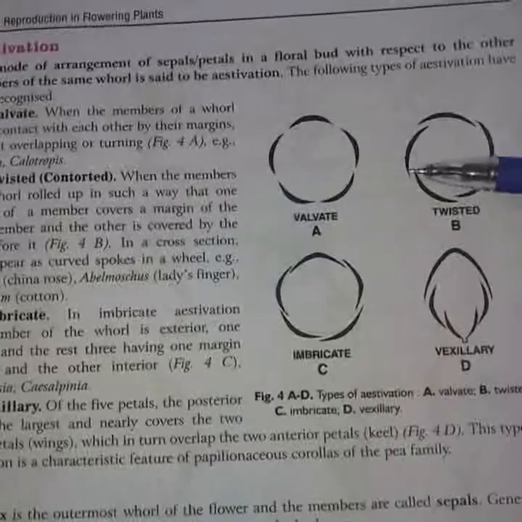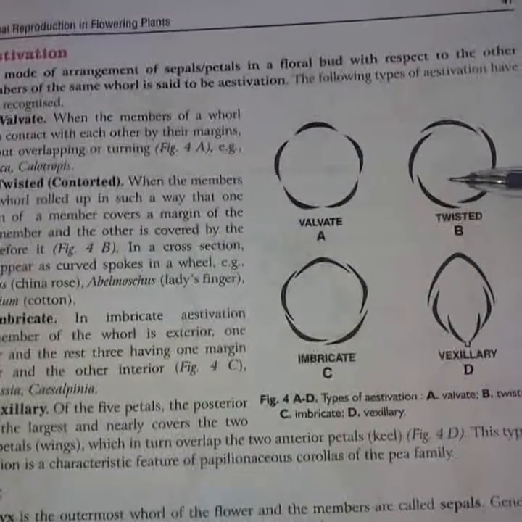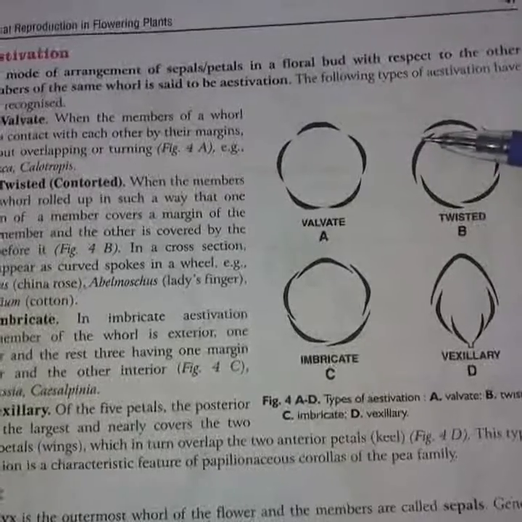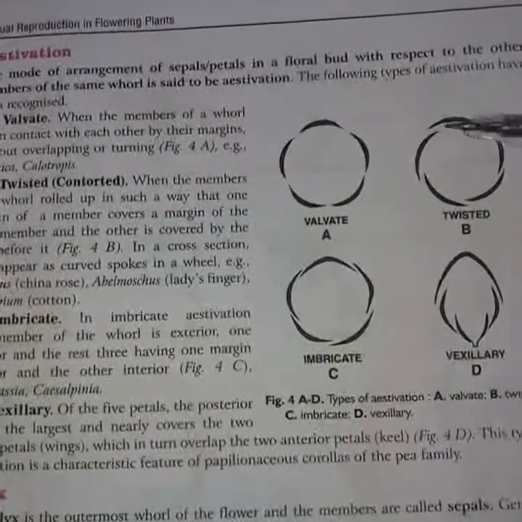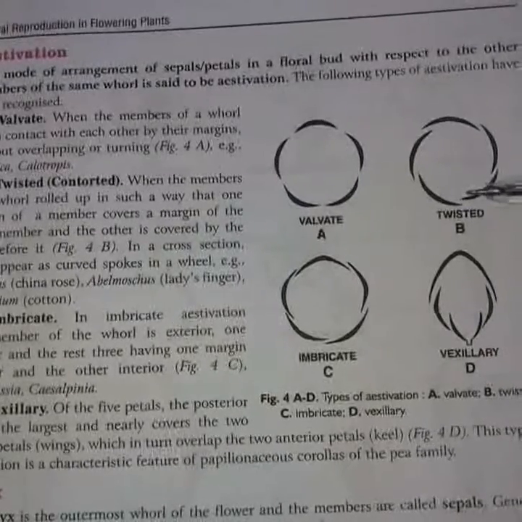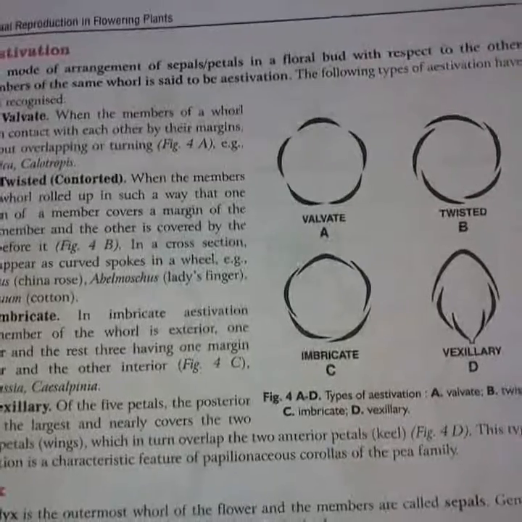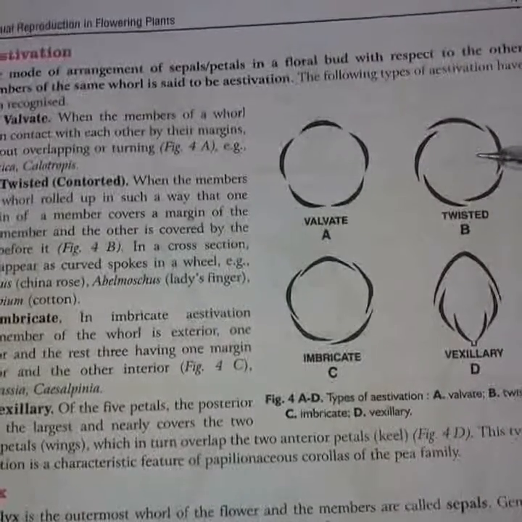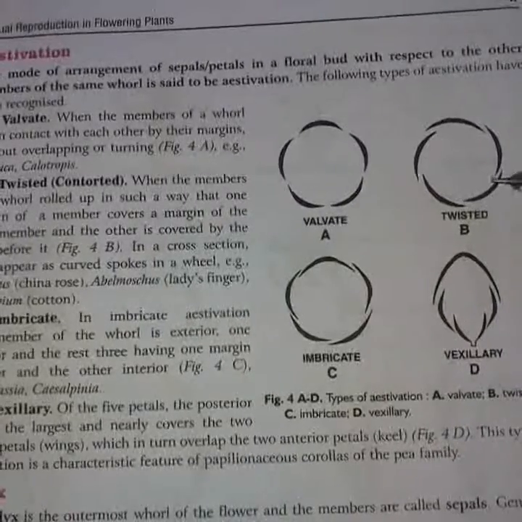So all members of sepals and petals have one margin covered by another member. This type of estivation is called twisted estivation. China rose, lady finger and cotton flower present this type of estivation.